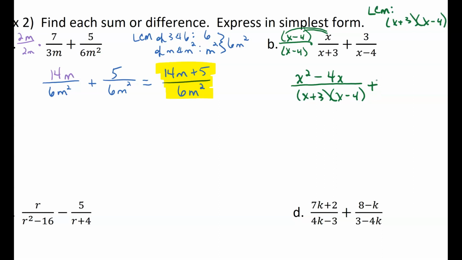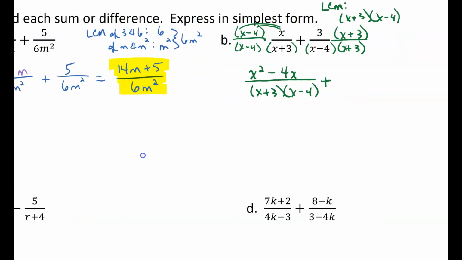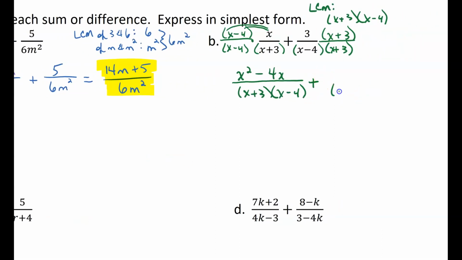Plus, in the other one, I already have x minus 4, so I need to introduce x plus 3 to this one. And again, if you multiply it to the denominator, you also have to do it to the numerator. So that's going to give us the x plus 3, x minus 4 in the denominator. And again, I need to go ahead and get everything out of the parentheses.